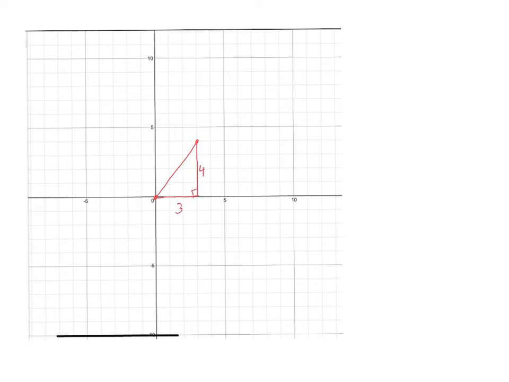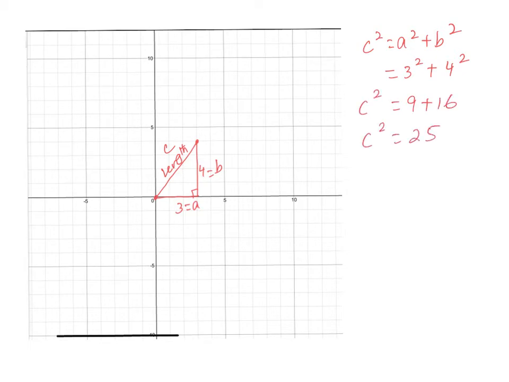Using Pythagoras' theorem, we can find this length. c squared is equal to a squared plus b squared. a is 3, b is 4, so 3 squared plus 4 squared, we get 9 plus 16. c squared is 25. c is the square root of 25, which is 5. So we get this first part.